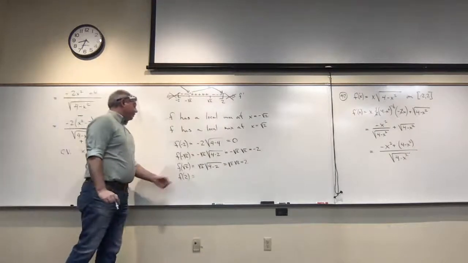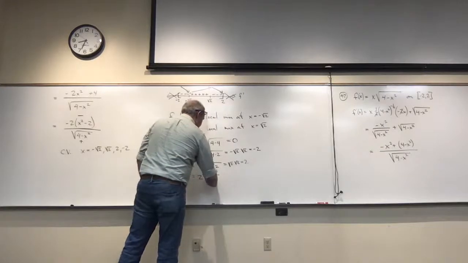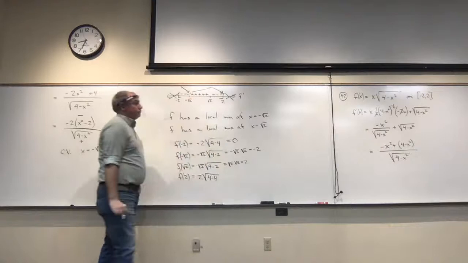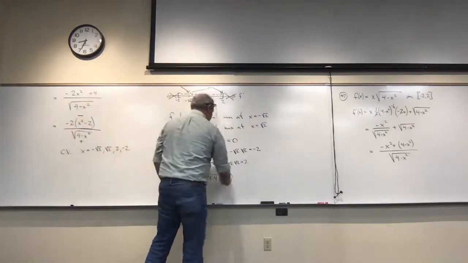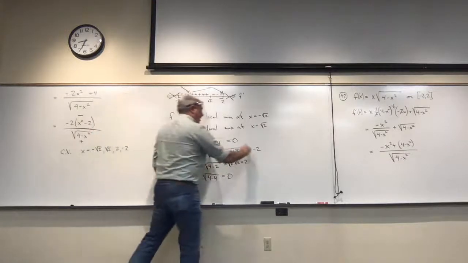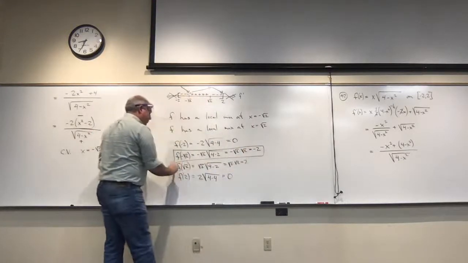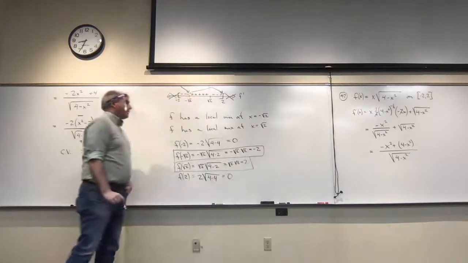And then finally, what's f of 2? It's 2 times the square root of 4 minus 4, which is 0. So it does end up that this guy is an absolute minimum, and this guy is an absolute maximum.